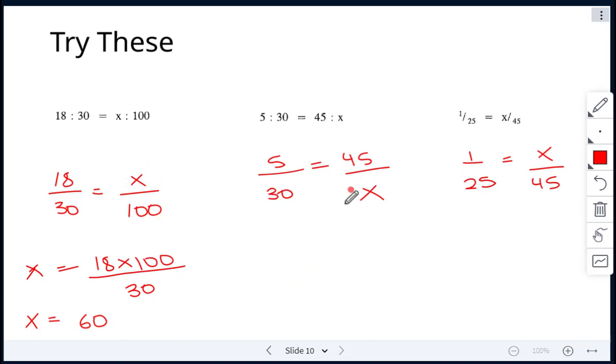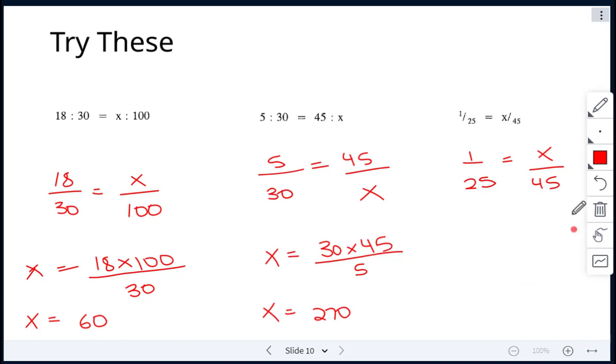So here next, our x is down here. But again, the method's the same. You're going to multiply the two numbers that are diagonal to each other. So 30 times 45, and then we're going to divide by 5. And again, feel free to put that in your calculator. So 30 times 45, divide that by 5, and we get our answer of 270.